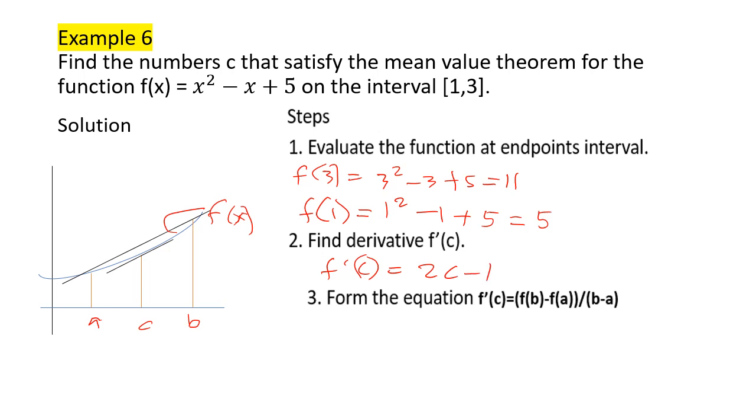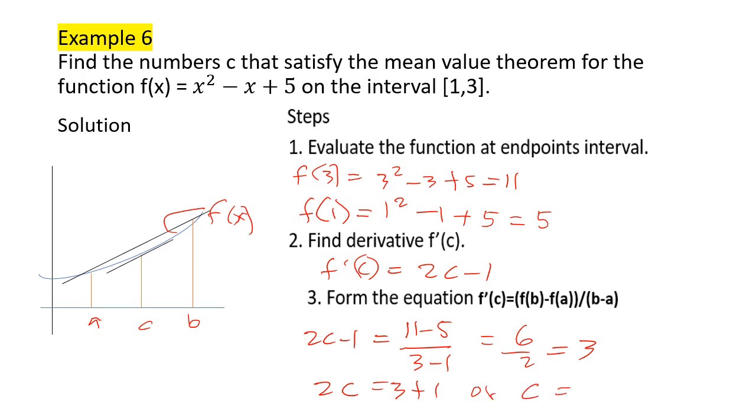Form the equation: 2c minus 1 equals (11 minus 5) over (3 minus 1), which equals 6 over 2, which equals 3. So 2c equals 3 plus 1, or c equals 2.